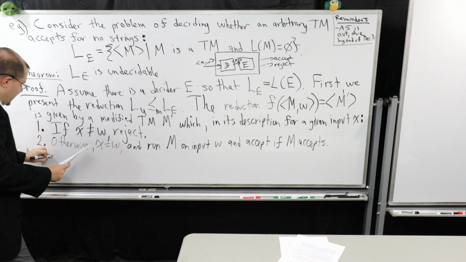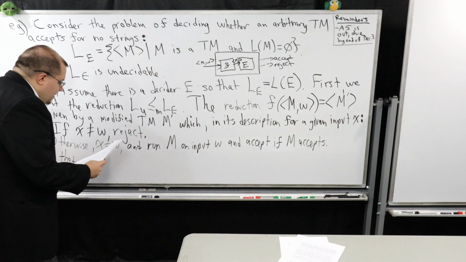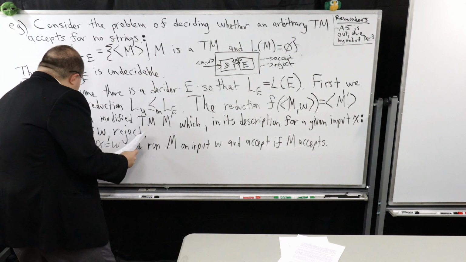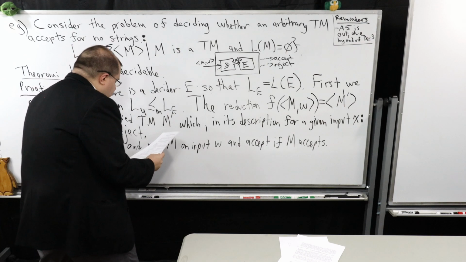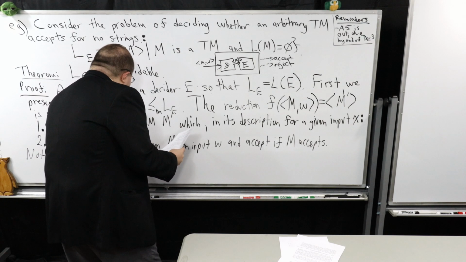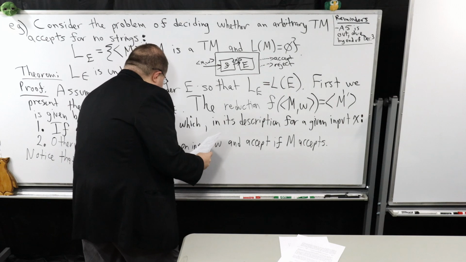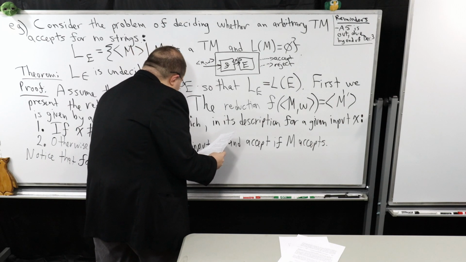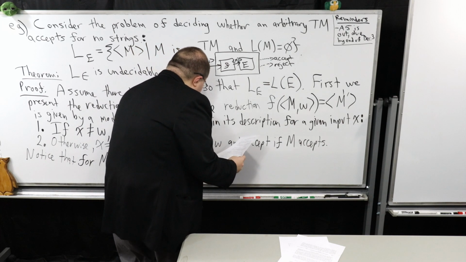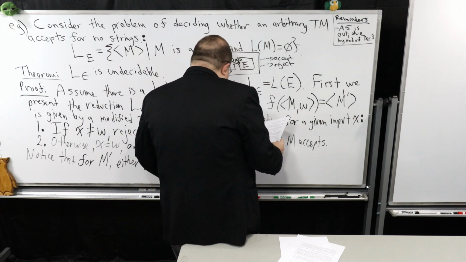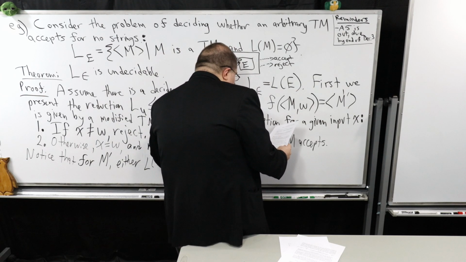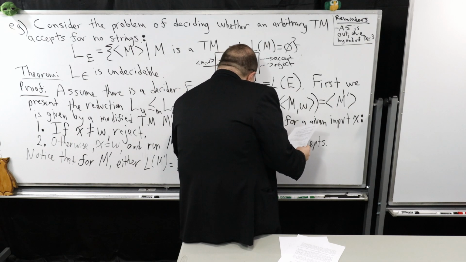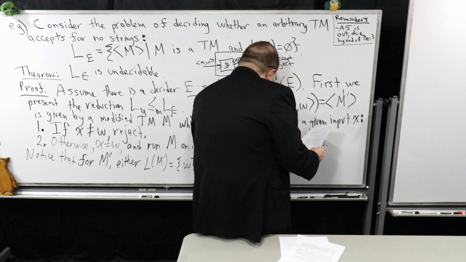So notice that for M prime, either the language of M prime is going to be equal to W. So it's going to be the set containing just the string W. Or the language of M prime is going to be empty.